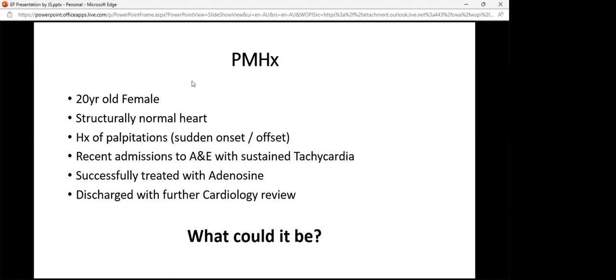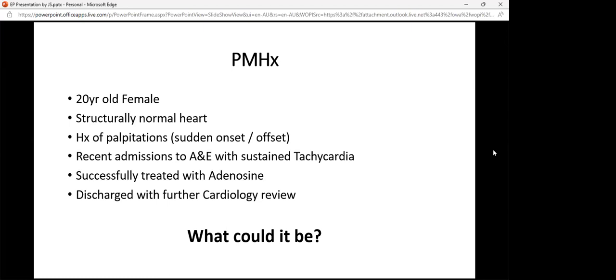She had a recent admission to A&E with a tachycardia, which was successfully treated with adenosine, okay, which is a red flag, something you want to think about when it comes to the mechanism of a tachycardia. And she was then discharged for cardiology review.